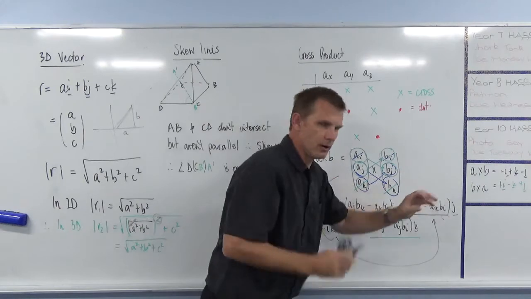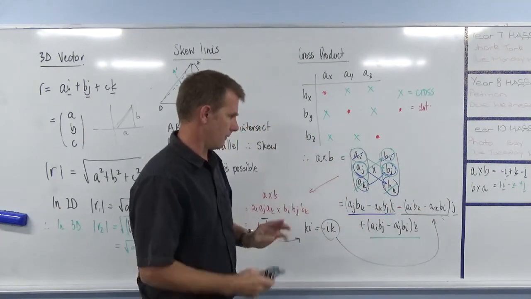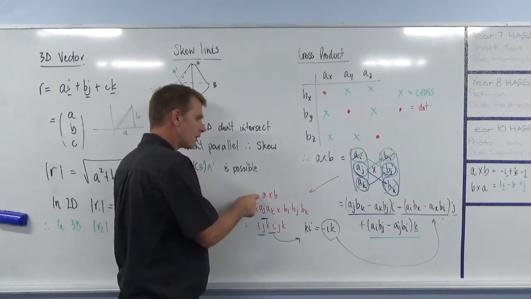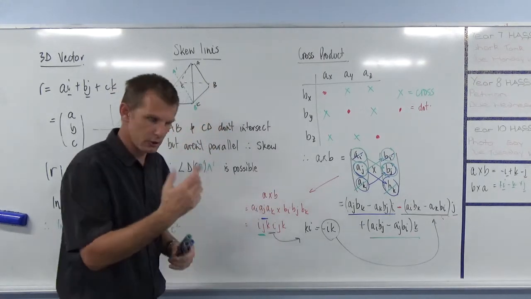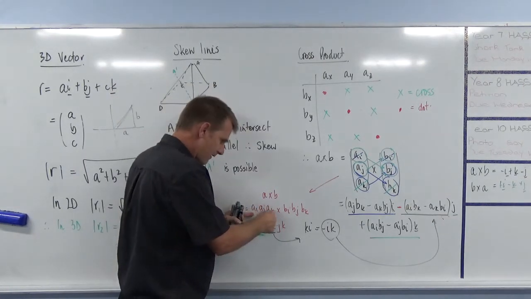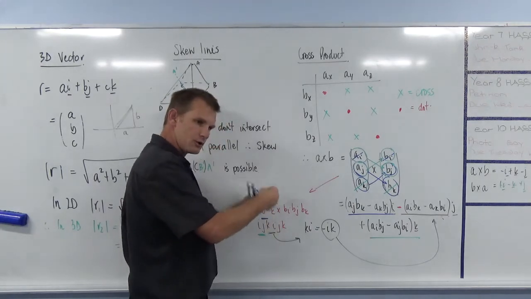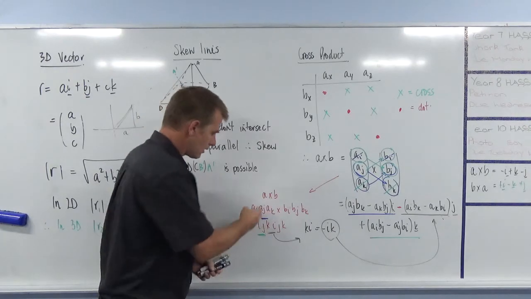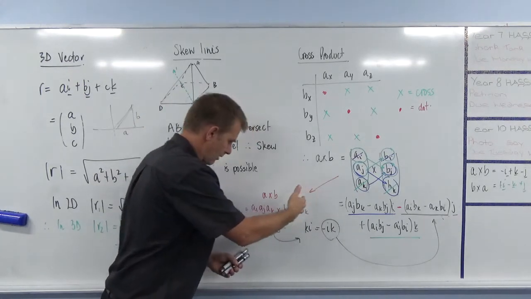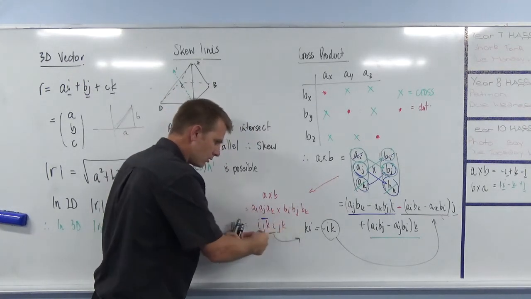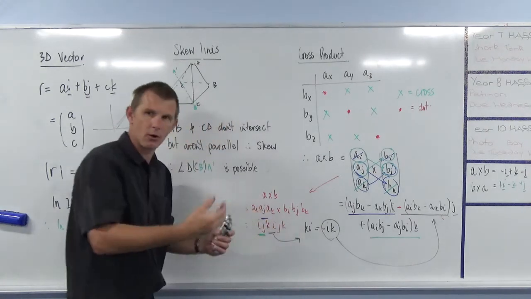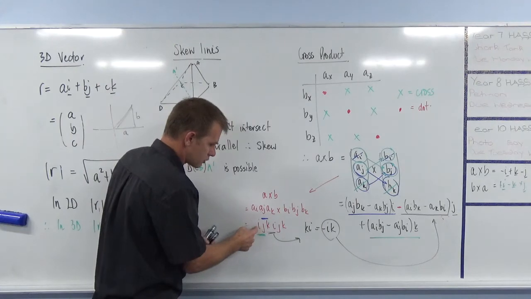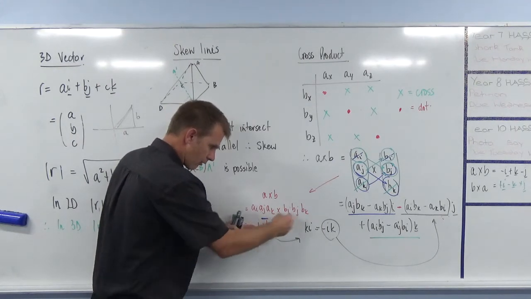Now the J component, it's a little bit trickier. I want to come over here and have a look first. If I go A cross product B, you would agree that the A vector I can write like this, it's got an I, a J, a K. The B I can write like this, I, J, K. Now get rid of the A's and the B's for a moment, right? Just look at the order of the components. Notice when I did I times J, that was the order that I write them in.